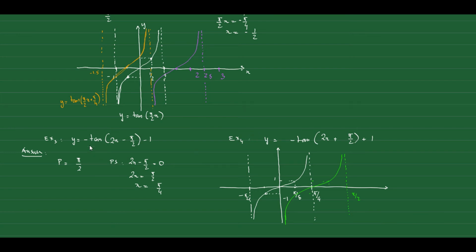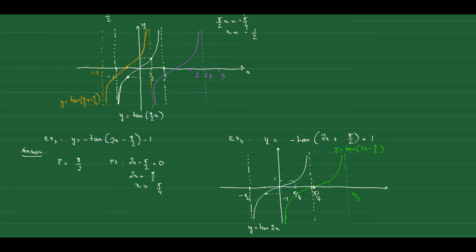Now we're going to do the reflection. So this is no reflection yet, so this is just y equal to tangent of 2x minus pi over 2, and the equation here will be y equal to tangent of 2x only. Now we're going to do the reflection.